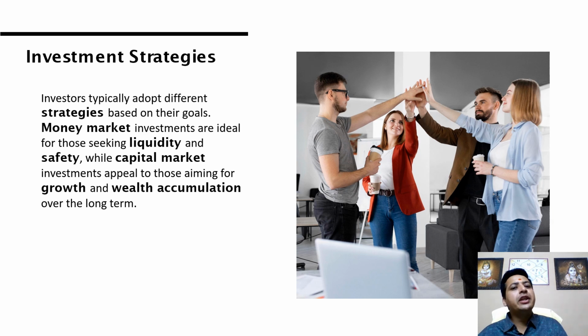If the car you're thinking to buy is 10 lakh today, after 7 years the value of the car will increase. If you are investing right now, your output will also increase, so your return on investment will also grow, and at the age of 27 you will easily be able to buy your car. So money market investments are ideal for those seeking liquidity and safety.